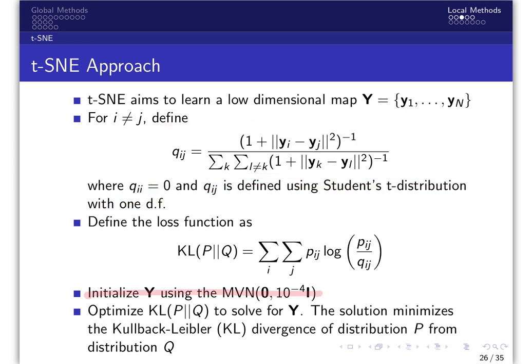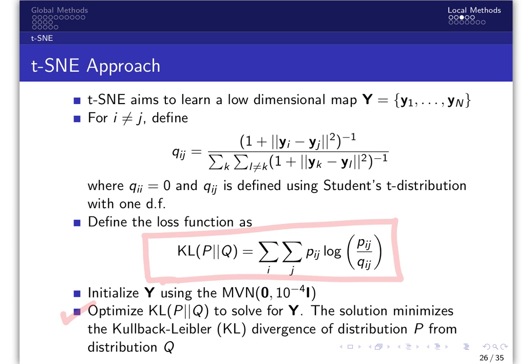The locations of the lower dimensional points y are initialized using a multivariate normal distribution, then updated by optimizing this equation, such that the locations of the points in the lower dimensional space are determined by minimizing the Kullback-Leibler divergence of the distribution P from the distribution Q.